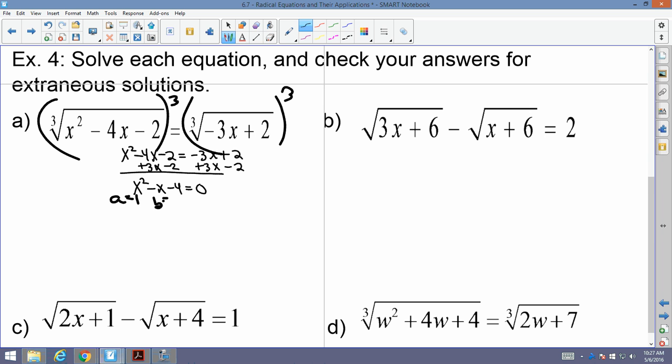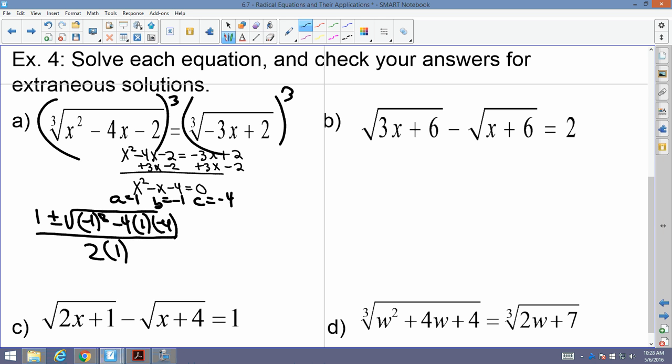My B is negative 1. And my C is negative 4. So I have negative B plus or minus square root of B squared minus 4 times A times C, all of that over 2A. So that equals 1 plus or minus the square root of 1 plus 16, which is square root of 17, over 2. And bada bing, bada boom, those are my 2 answers.